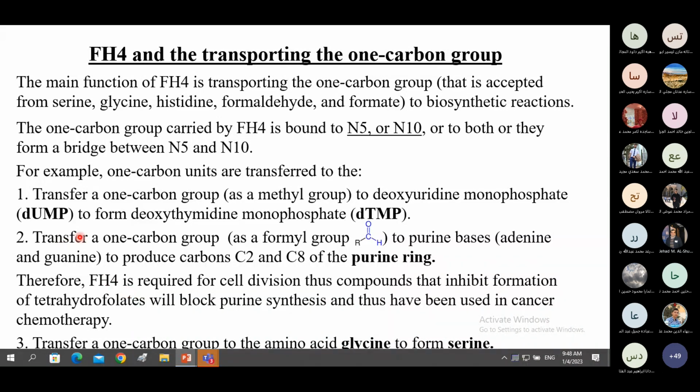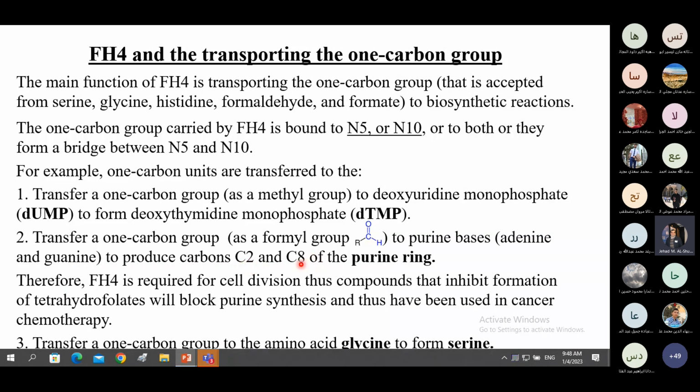So FH4 also transfers one carbon group in the form of what? Formyl group, CHO, to where? To adenine and guanine, to synthesize or to build which carbon atoms in adenine and guanine?